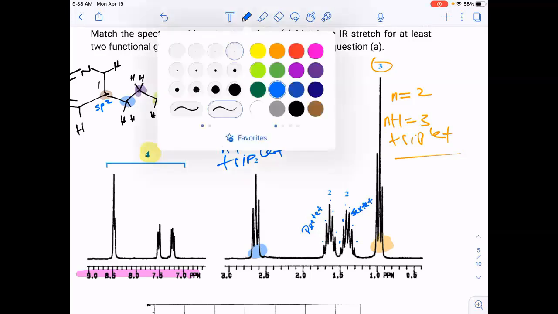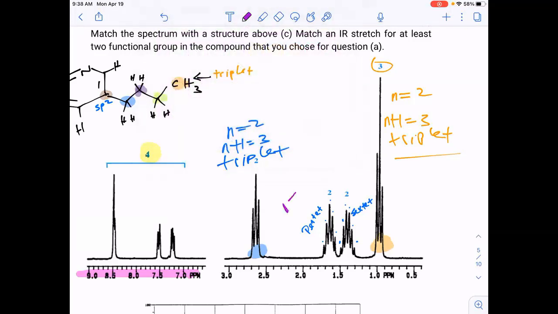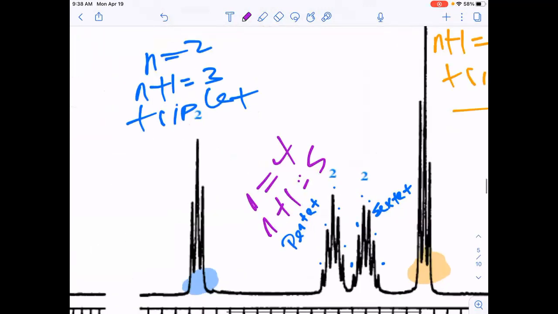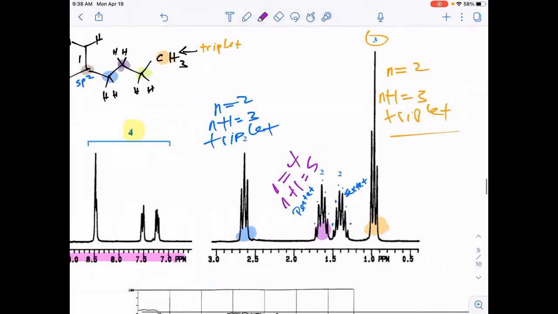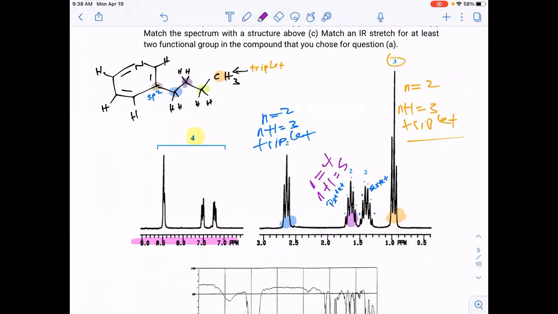So N equals 4, and N plus 1 would be 5. So that's your pentet. The purple protons would be your pentet. So this one right here is going to represent that purple set of protons. All right, questions about that?